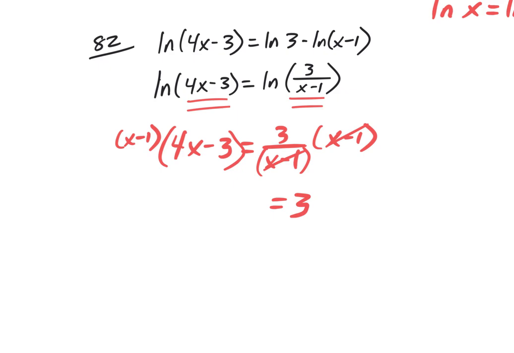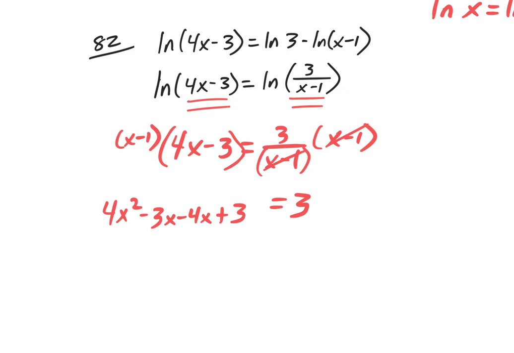What are we going to have to do on the left-hand side? It's a good old FOIL problem now. So we got 4x squared minus 3x minus 4x plus 3. Now we have a quadratic equation. And when we have a quadratic equation, our goal is to always set it equal to 0.